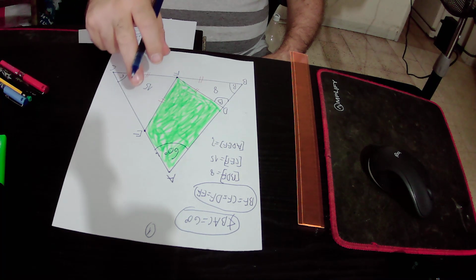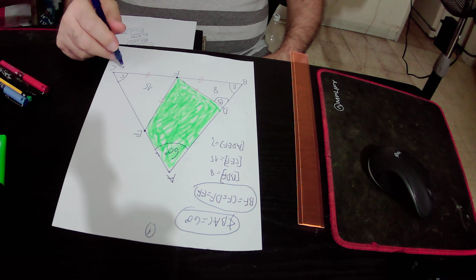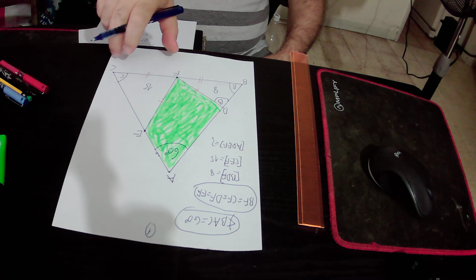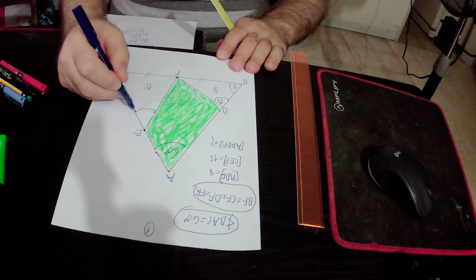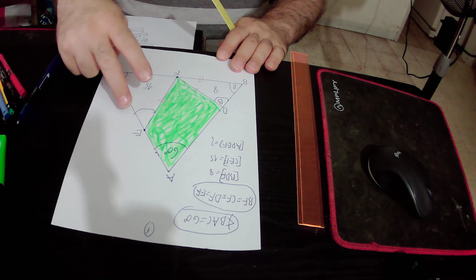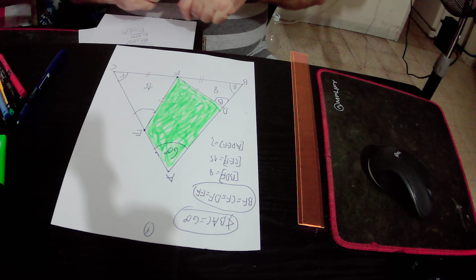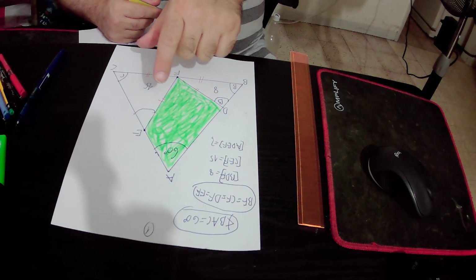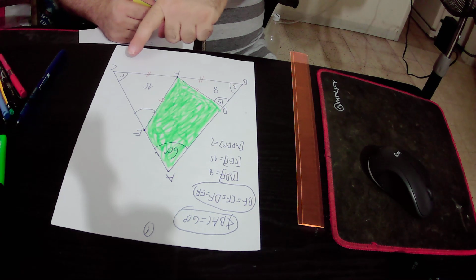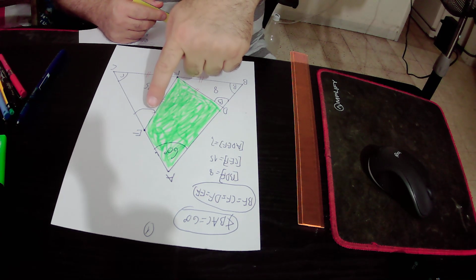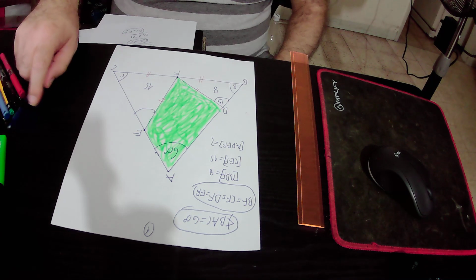So in front of side FE we have angle C, and in front of side FC we have angle FEC. Those two angles are located in front of equal sides, therefore they are equal to each other. So if this angle is C, then this angle must also be equal to C. Okay?